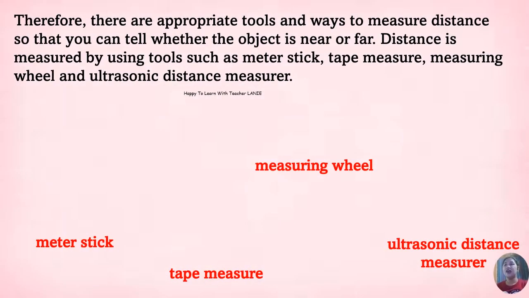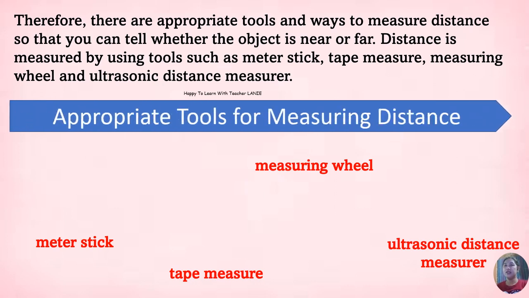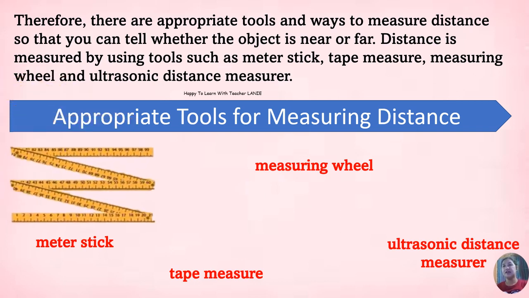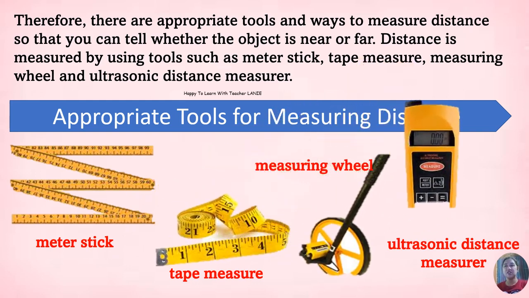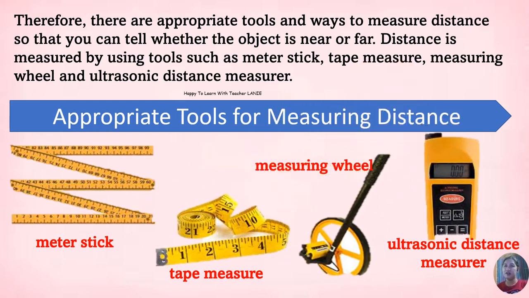Therefore, there are appropriate tools and ways to measure distance so that you can tell whether the object is near or far. Distance is measured by using tools such as a meter stick, tape measure, measuring wheel, and ultrasonic distance measurer.